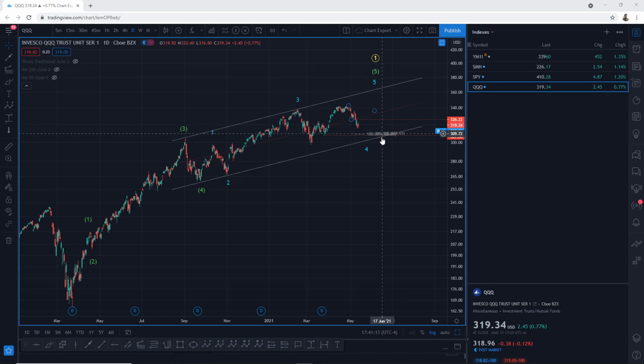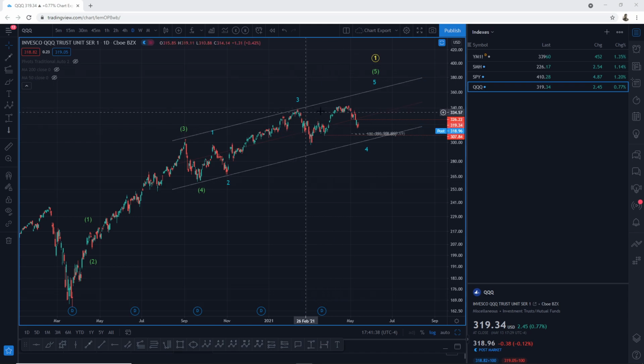Now if this is in fact a running flat, which I believe it is, based on the wave structure, because as you know, a running flat correction is composed of this 3-3-5 substructure, okay? And so the unique thing about a flat is that the B wave can oftentimes go above the origin of the wave A, then the C wave decline can go below the origin of the extreme of wave A.